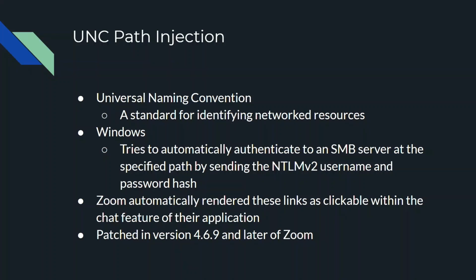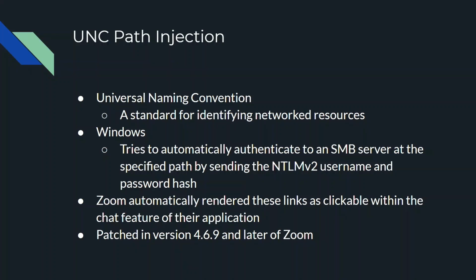And so Windows does this really awesome thing where it tries to automatically authenticate to an SMB server at that specified path by sending your Windows username and password hash. Sounds great, right? But Zoom automatically rendered these links as clickable within the chat feature of their application.